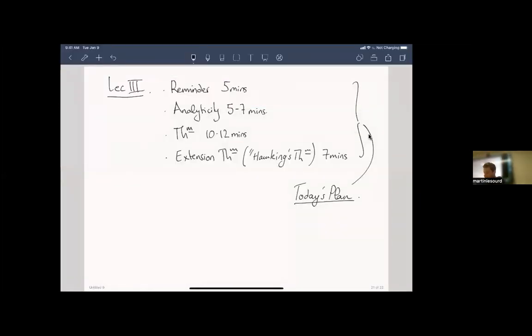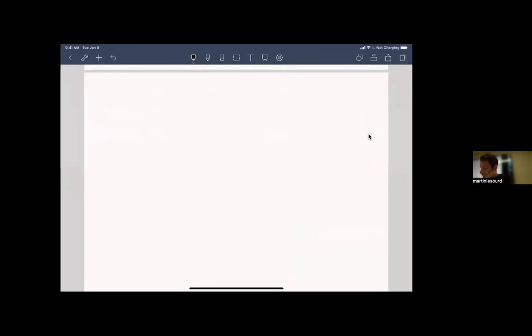Okay, so a reminder. I think for a reminder, I'll just speak. The reminder, quickly, was that in lecture 1 we looked at definitions, which are important because they underscore everything.